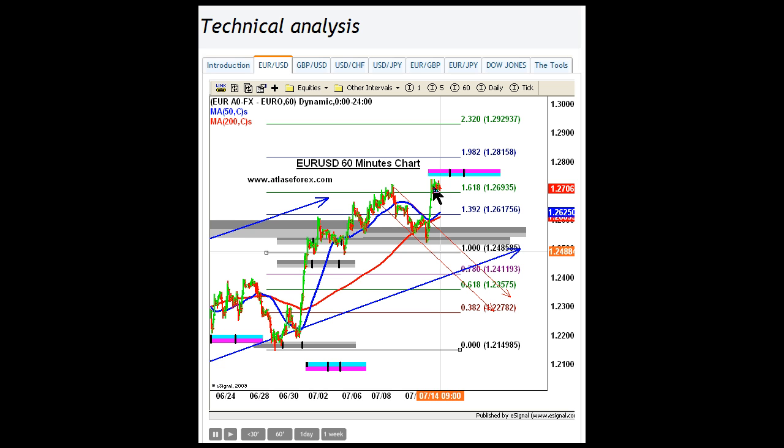You see, if this 1618 Fibonacci becomes a resistance and then a support, and then we start moving higher, the theory about the third of the third wave on the Elliott theory, and we mentioned what the properties of a third of a third are. Let's go on. Actually, we're also coming close to the top trend line of the blue ascending channel.